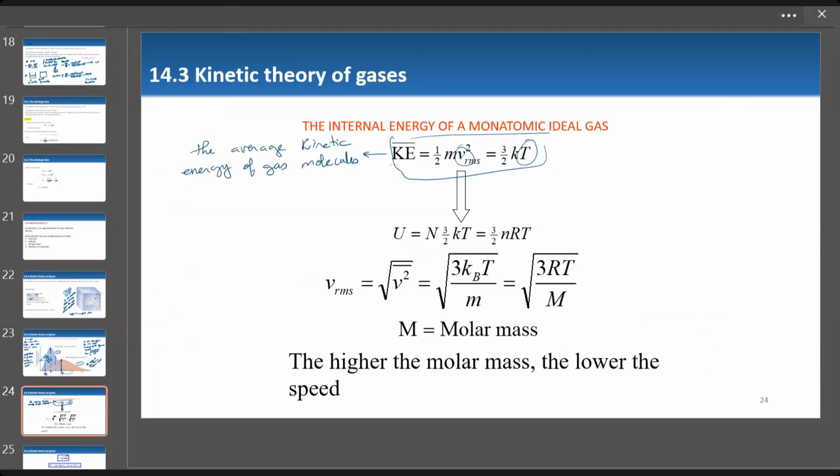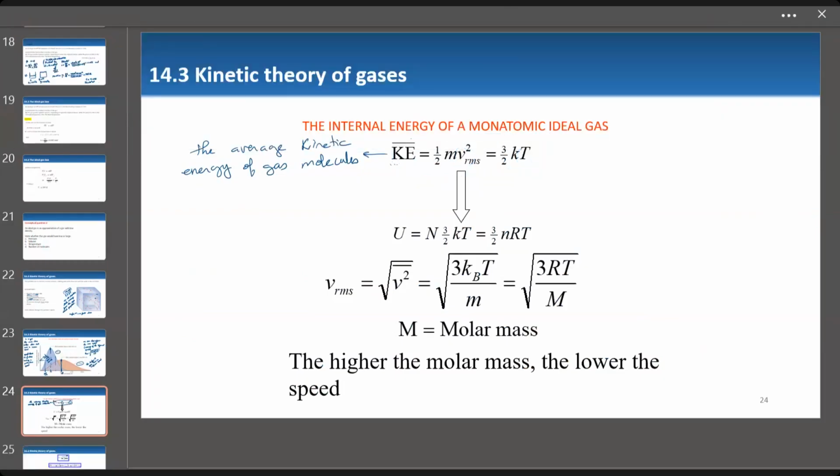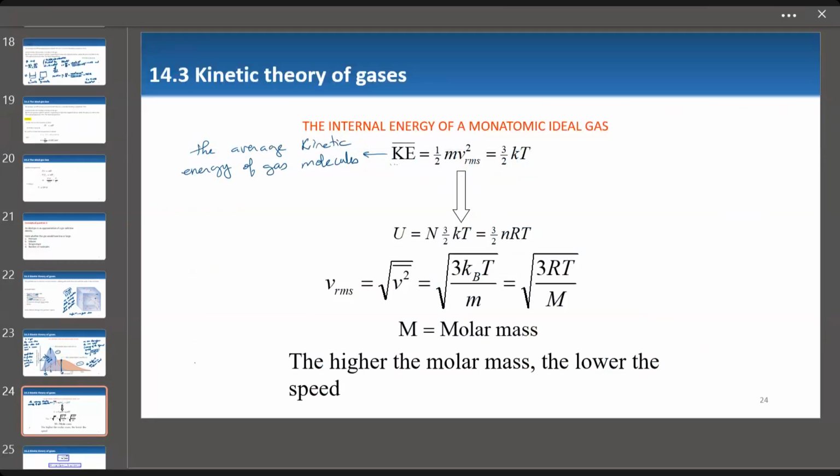Now, we don't want you to know the derivation because it's a lengthy study where we start with the forces that the atoms make with the container, and then we move on to show the relationship with the pressure and then the temperature using the ideal gas law.